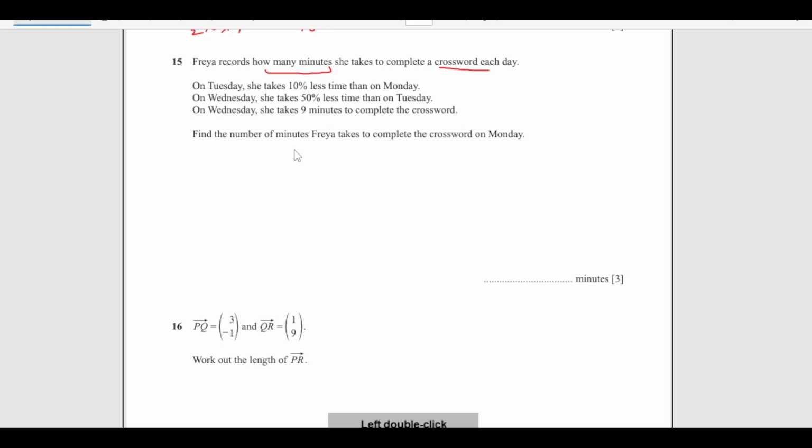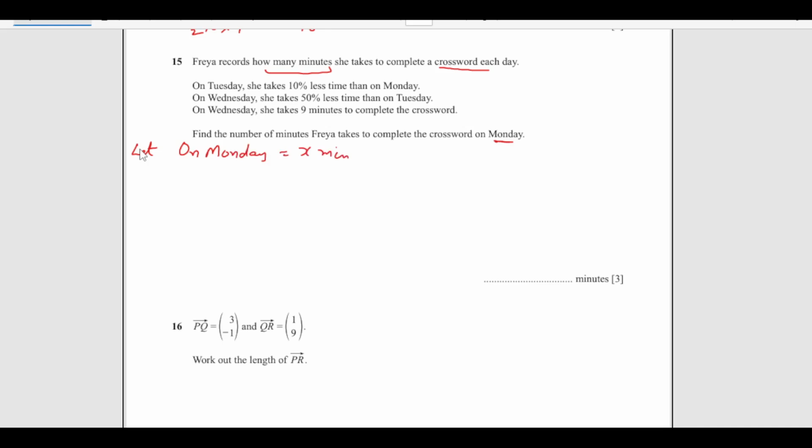Find the number of minutes Freya takes to complete the crossword on Monday. Okay, so we don't know. Let me start with Monday. So let's say the time taken on Monday is x minutes.